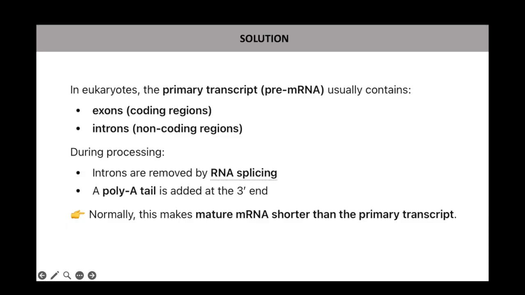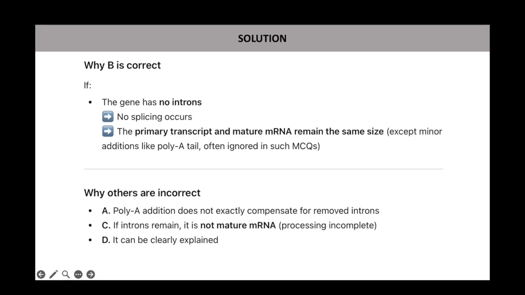Now coming back to our question, option B is correct in this case. Let's talk about the options. Option A was that during splicing the introns are removed and the addition of poly A tail at the 3' end makes up the size. Why is this option wrong? Even though multiple A nucleotides are added towards the 3' end of mature RNA, this size will not be equal to the size of the introns.